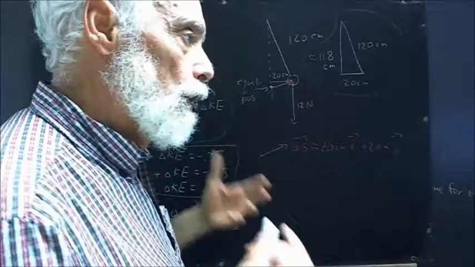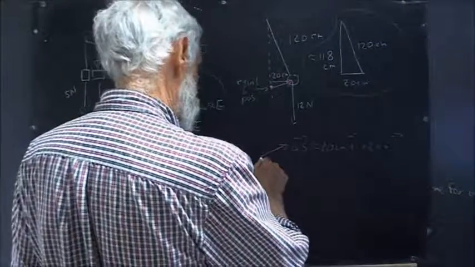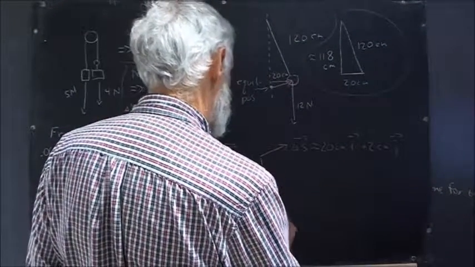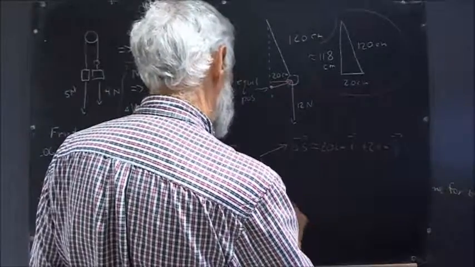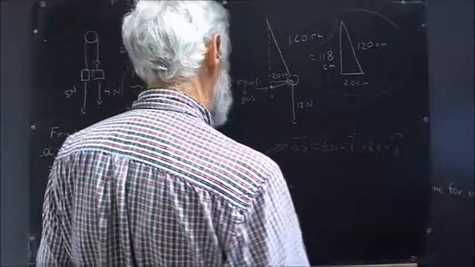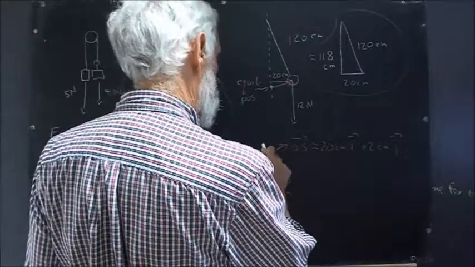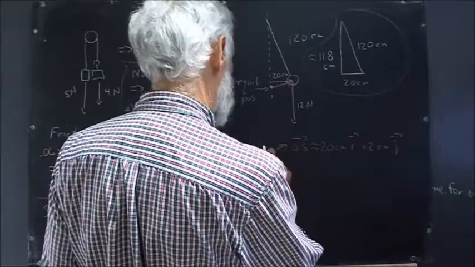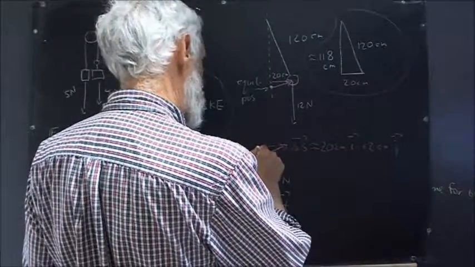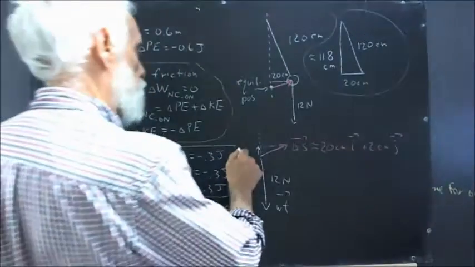We want to find now the work done by gravity, so we want to put the weight vector in here. And that weight vector is going to be a 12 newton vector. Let's project the displacement vector onto the weight vector. And here we have our delta y vector.